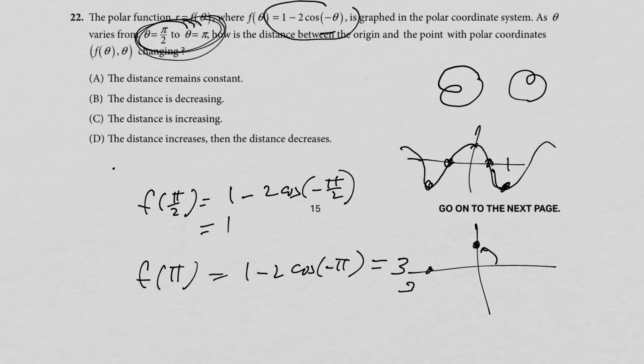So it's spiraling outward, and that's why the distance is increasing. That's the answer for that. So that was easier than I thought, because often they ask in which interval it is increasing or decreasing, but this time they gave us the interval.